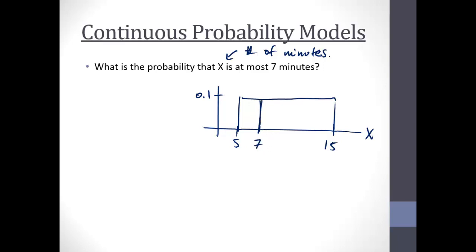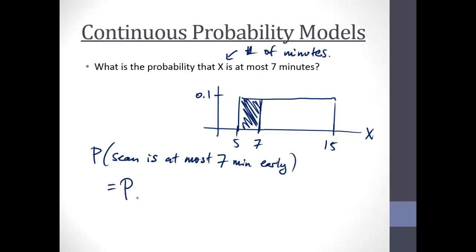Which area do I want to shade in under that curve? I want the probability that x is at most 7 minutes. To the left, right. At most means 7 or less. Exactly right. So the probability that Sean is at most 7 minutes early.